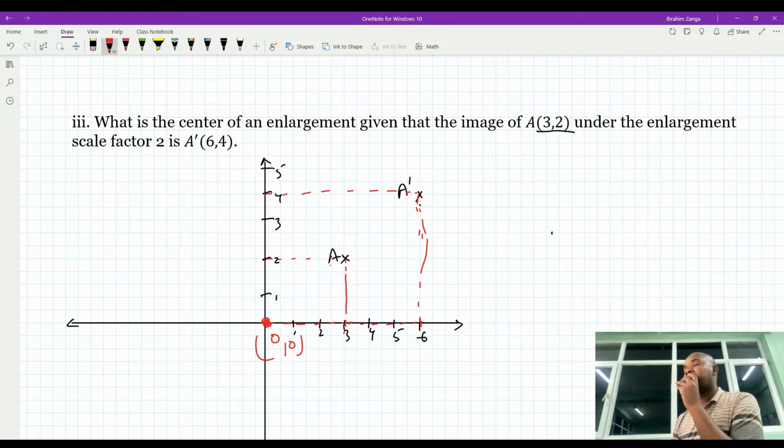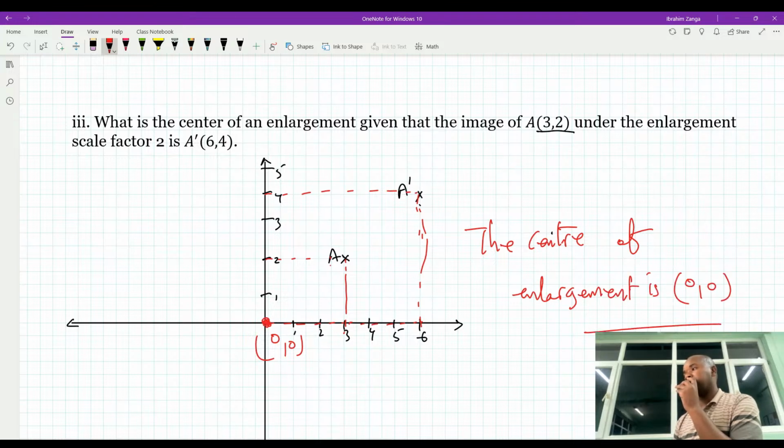So what is the center of enlargement? The center of enlargement is (0, 0), dear students.